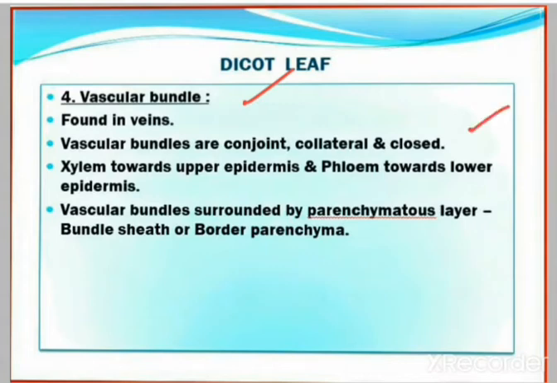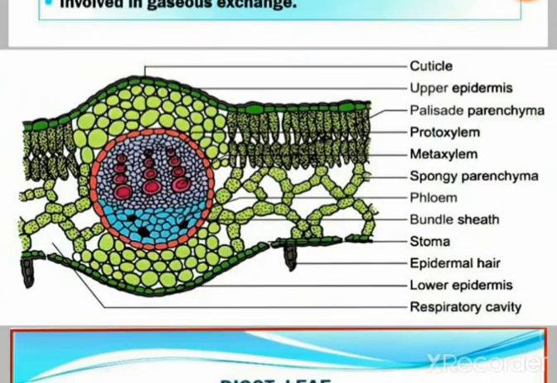Remember that the vascular bundles are conjoined, collateral, closed, CCC. In these leaves, xylem is towards the upper epidermis and phloem towards the lower epidermis. Vascular bundles are surrounded by a parenchymatous layer called bundle sheath or border parenchyma.